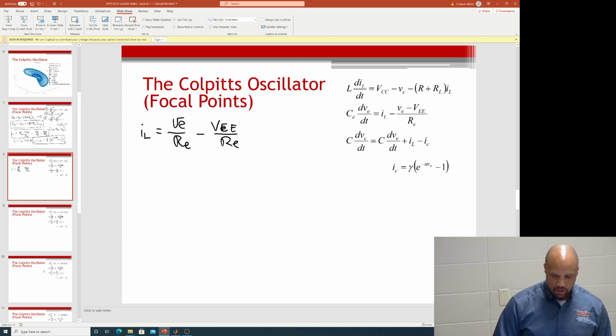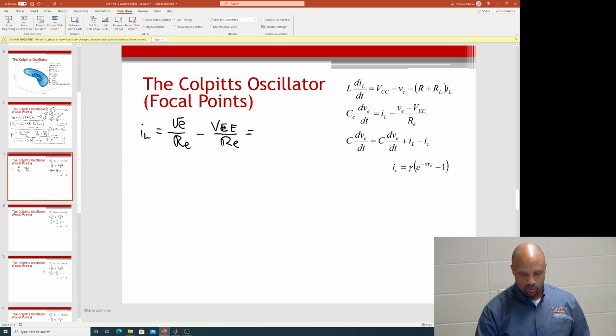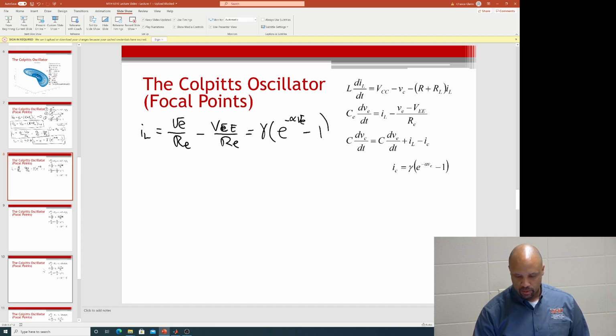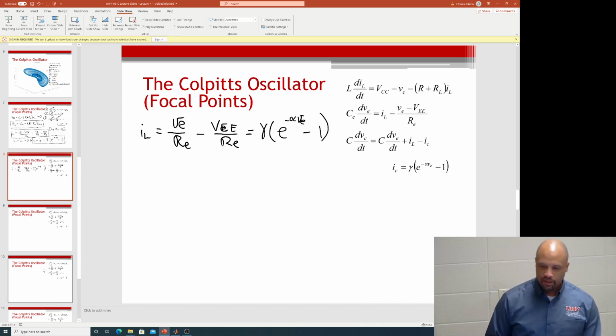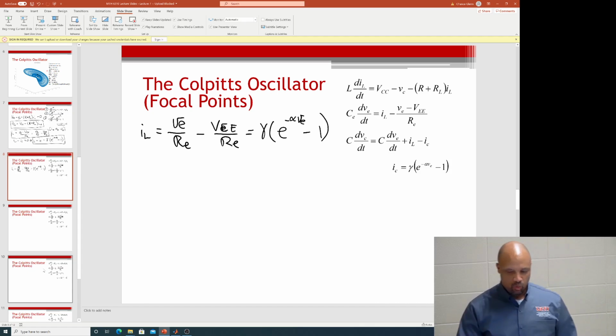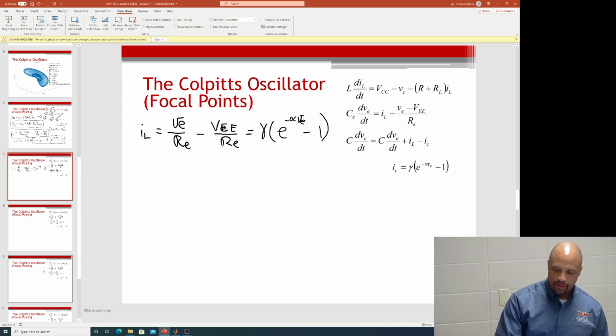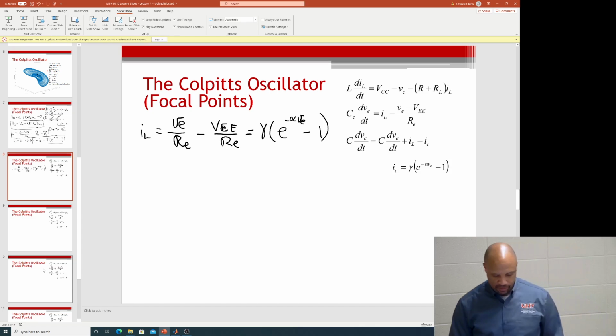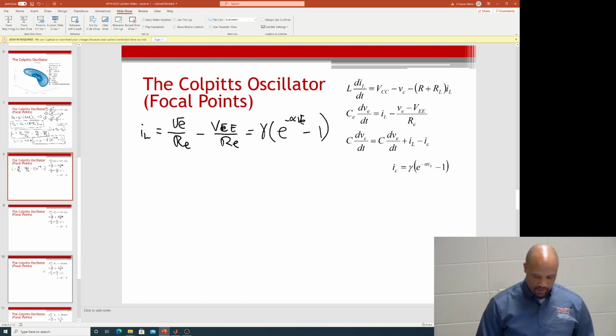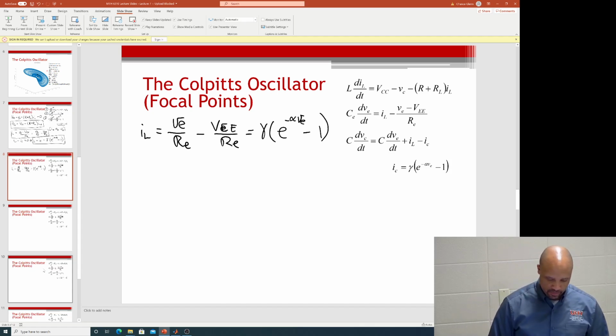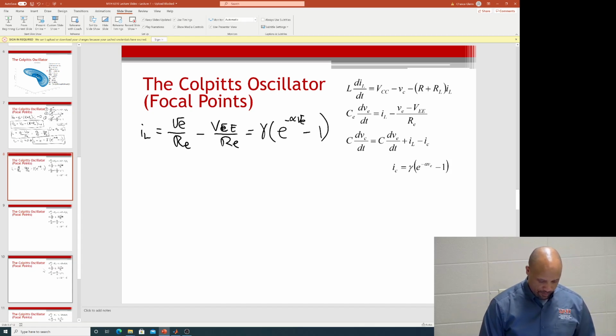And we also know that IL is equal to gamma times e to the minus alpha VE minus 1. Okay? So what we have here is an exponential in VE, and we also have a VE over there. All right? So that helped us a little bit anyway.